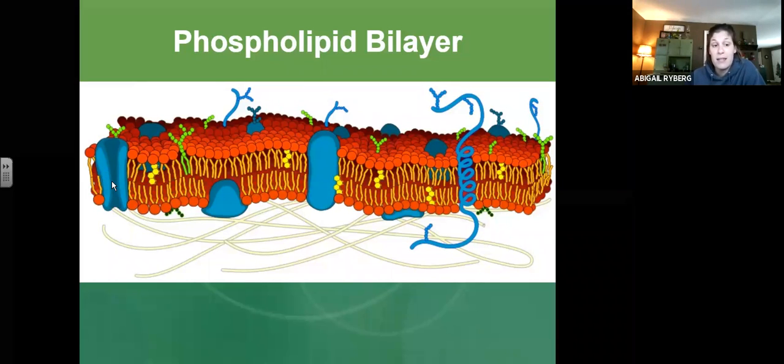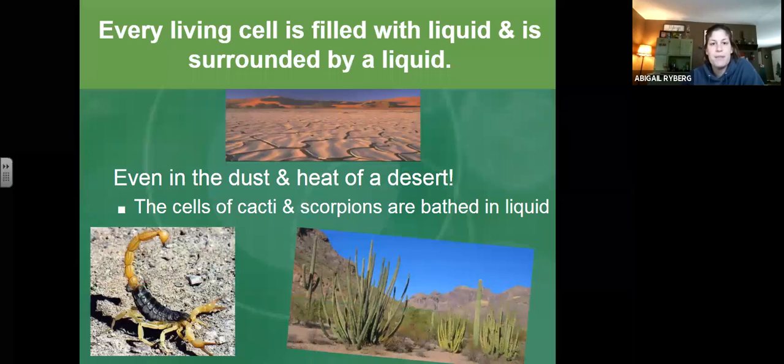So you can see that it is literally structured to allow a substance through, either going into the cell or out. And then the funny looking things like these green molecules, the yellow molecules, or these funny looking blue molecules, those are the carbohydrates. The carbohydrates are constantly monitoring the surroundings, and anything that comes into contact with the cell, they're trying to identify what that is.